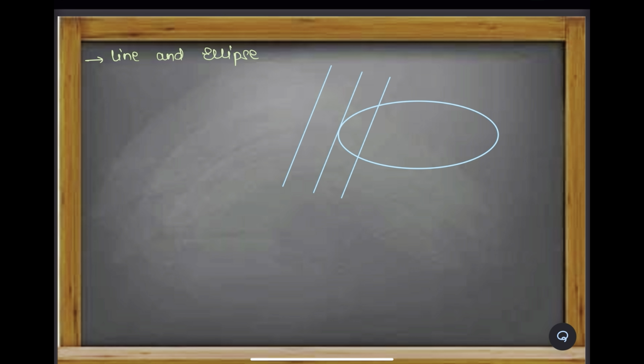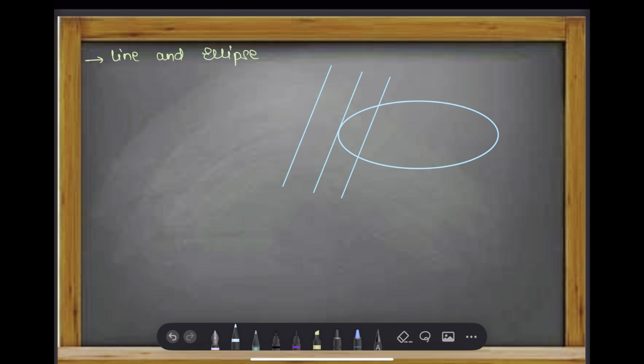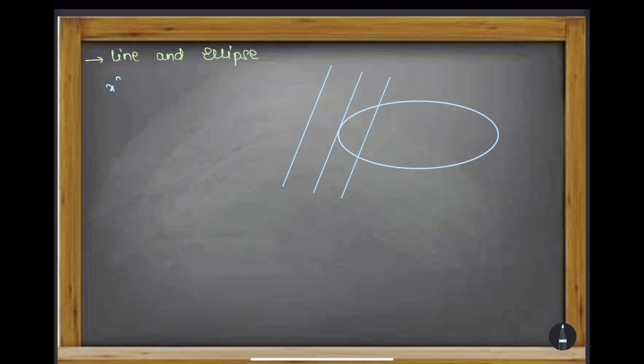They will give you one equation of a curve, x square by a square plus y square by b square equals 1. This is the equation of the ellipse. Now they will give you the equation of a line, y equals mx plus c.